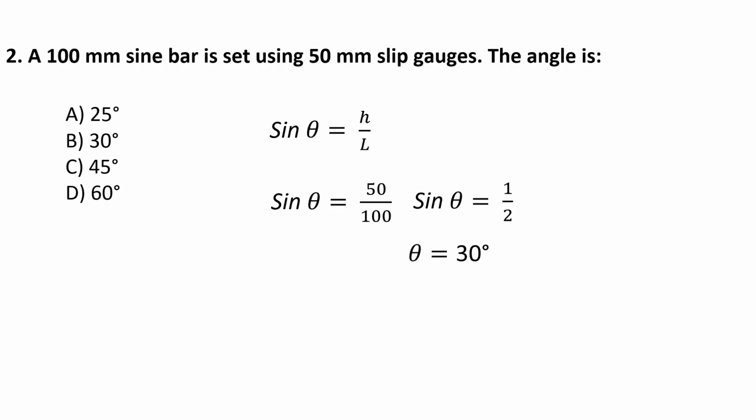We know that sin theta equal to h by L. Here h equals 50 mm and L is 100 mm. So sin theta equals 50 by 100, which is equal to 1 by 2. We know that sin 30 is 1 by 2, so theta equals 30 degrees. So option B is the correct answer.